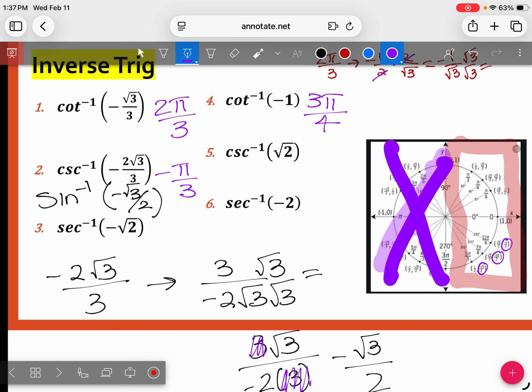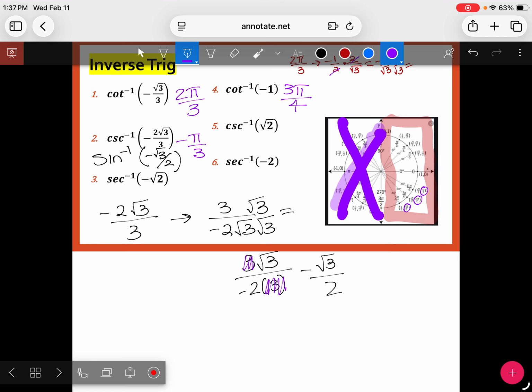Okay. If you were to take root 2 and flip it, what do you think you're going to get? You would get 1 over root 2. You're right. So if you flip that, I'm going to rewrite it: the inverse sine of 1 over root 2. But we don't leave it like that, right?